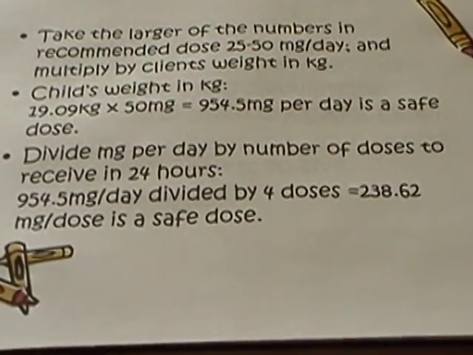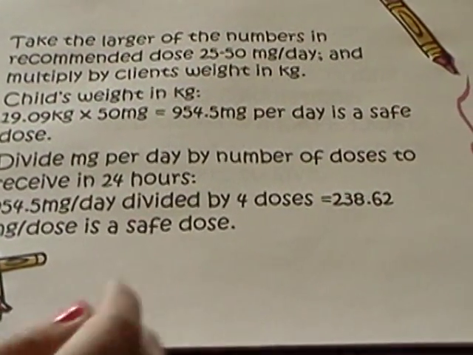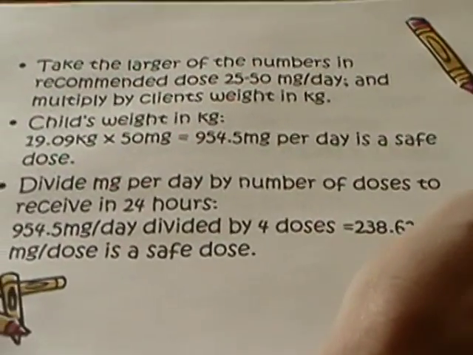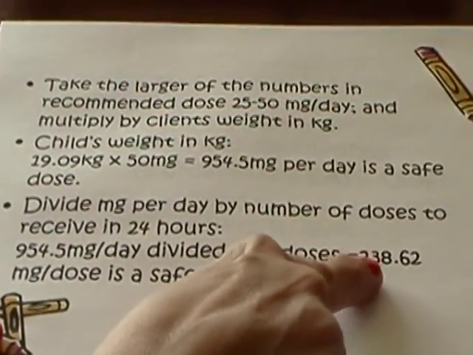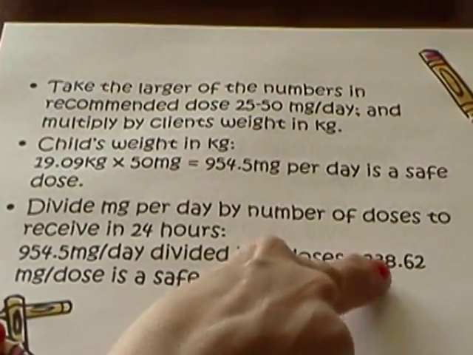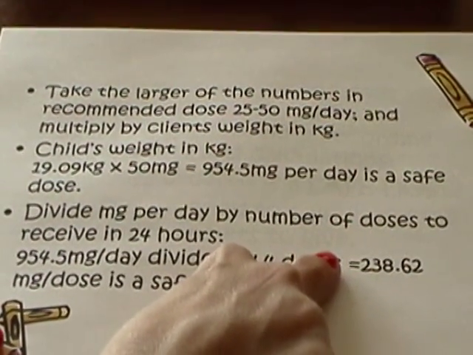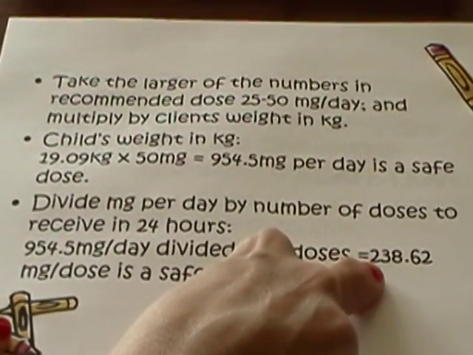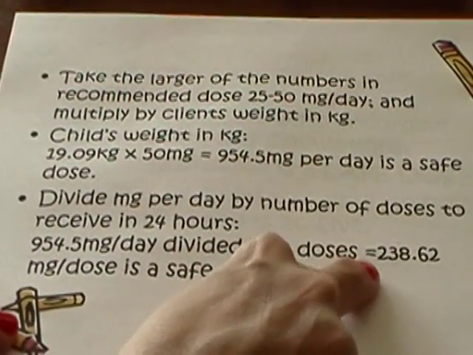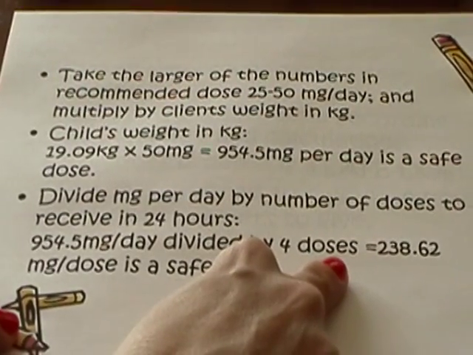Is that a safe dose? I believe we had ordered 125 milligrams. As long as the dose that is ordered is equal to or less than the dose that you calculated, it is a safe dose and you can administer it.